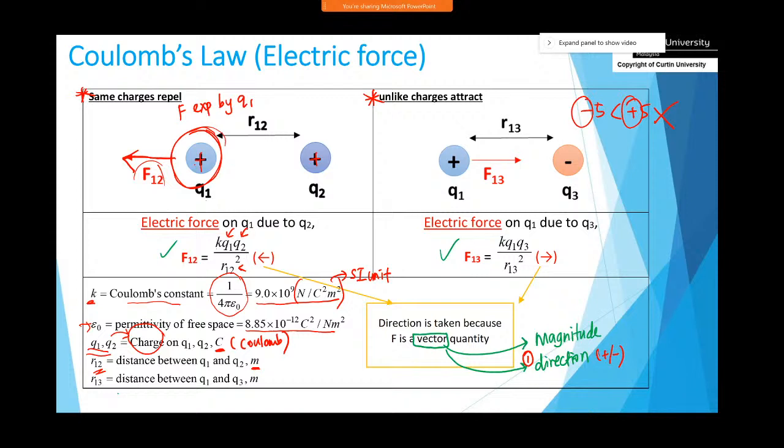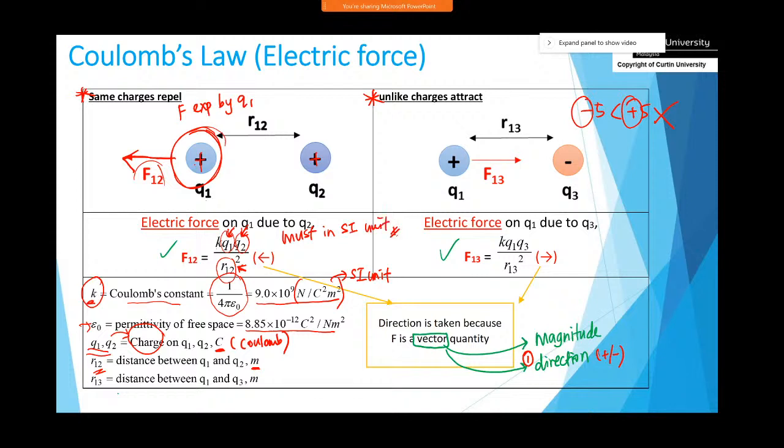Okay, so I repeat: since the Coulomb constant is in SI unit, whatever value you plug in for Q and R must be in SI unit.